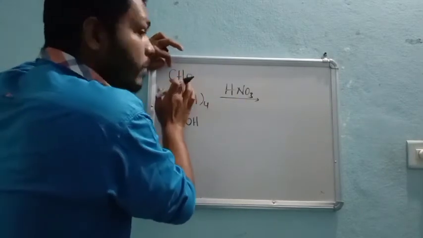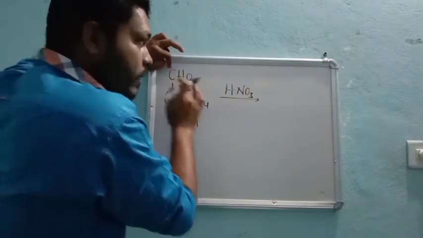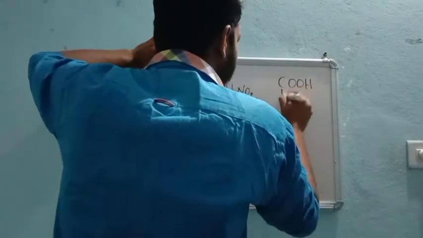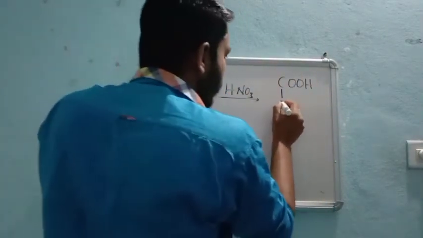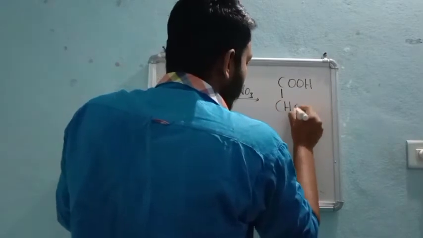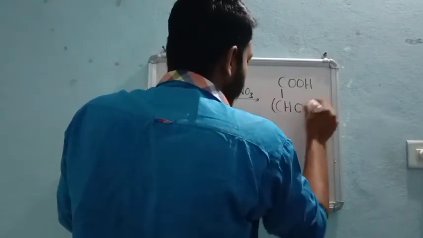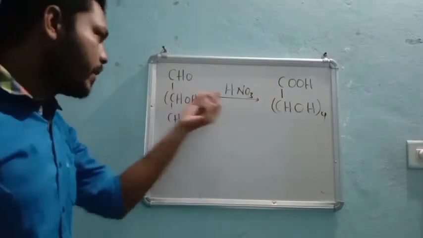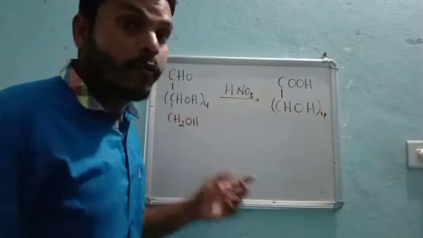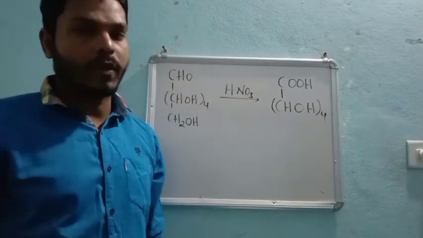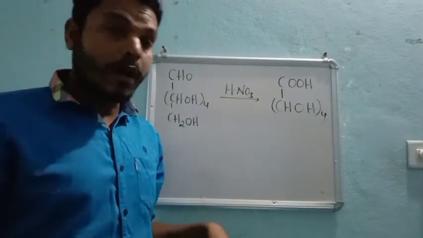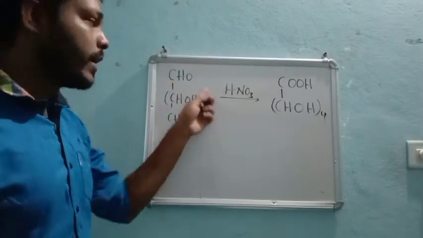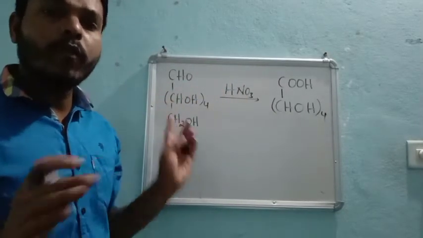Oxidation may take place here also, so COOH will definitely form here. And here the nitric acid will not react, because we are using a very small amount of nitric acid. If we use more, then they may come into the reaction again, and we don't want that.